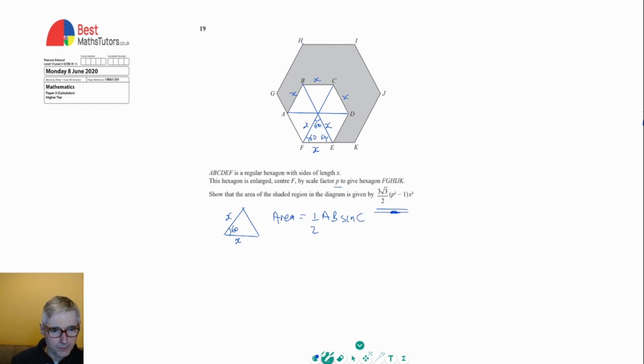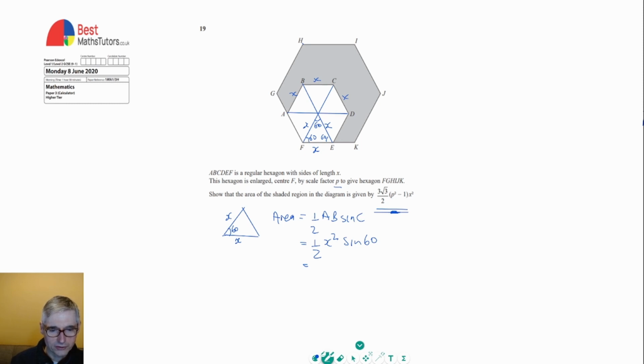Applying that, the area is half times x times x, which is x squared, then sine of the angle between, so sine 60.